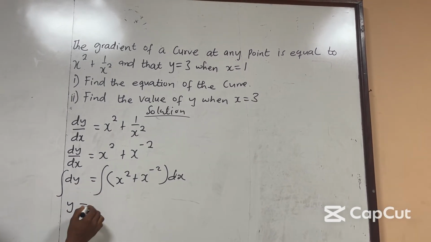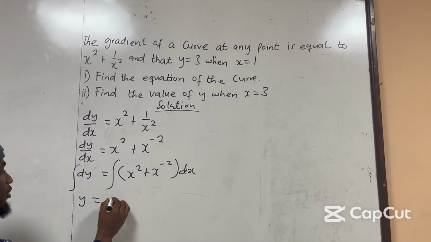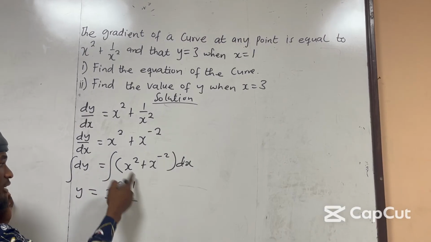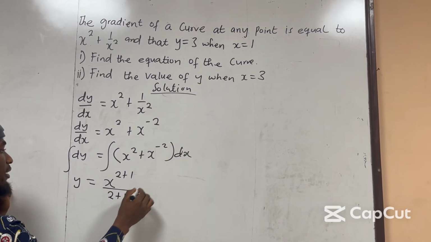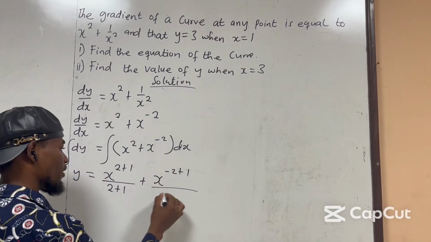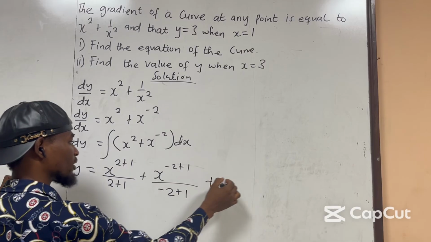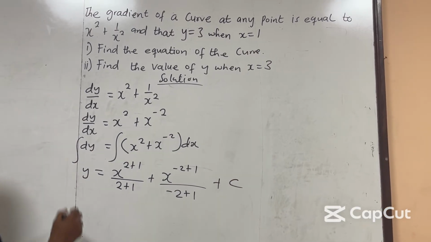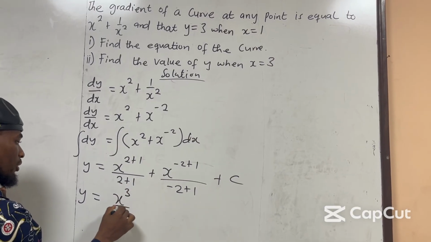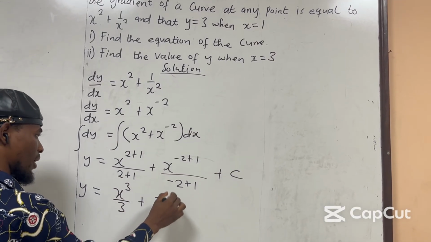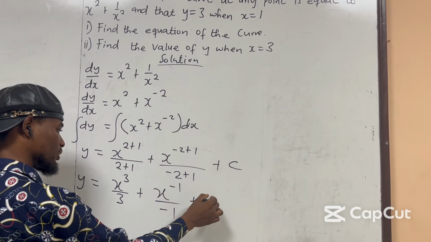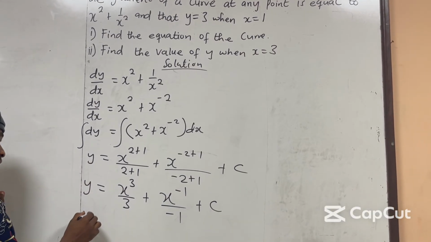I have y is equal to, when you integrate x squared, we have what? That's x to the power 2 plus 1 over the new power 2 plus 1. Then plus, I have x to the power negative 2, add 1, then all over negative 2 plus 1, plus constant of integration. I have y is equal to x to the power 3 over 3, then plus x to the power negative 1 over negative 1 plus a constant of integration.